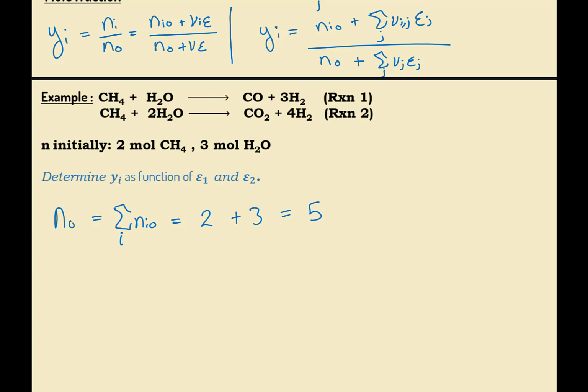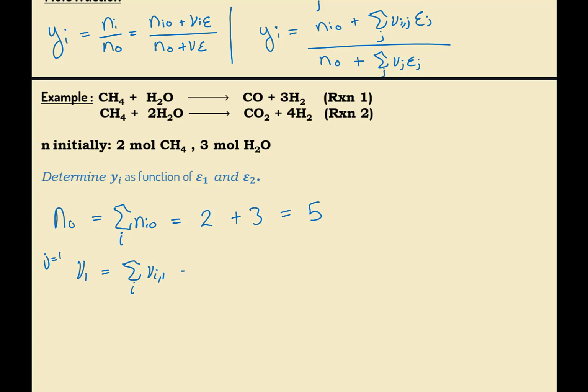Right, so we need the sum of the VI, but for 2 reactions. For the first reaction, let's say J equals 1. We want to find V1, the sum of the VI's for the first reaction. So this is going to equal the summation of all species I, VI for reaction 1.